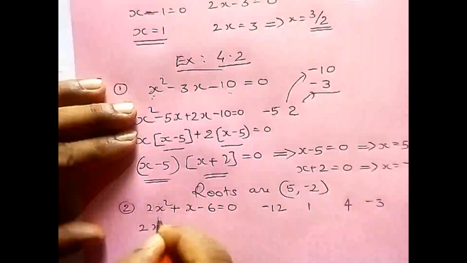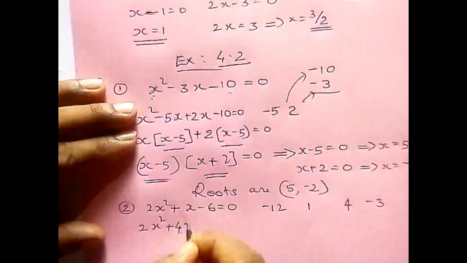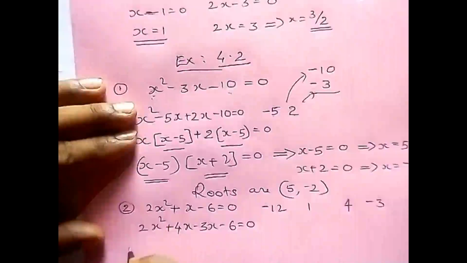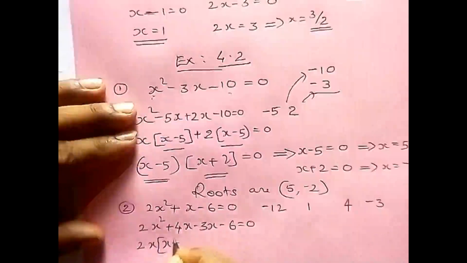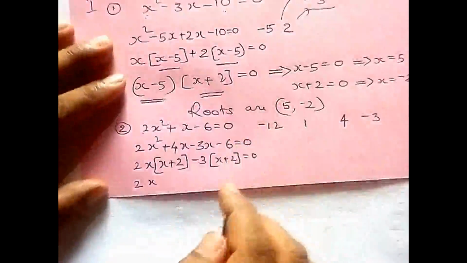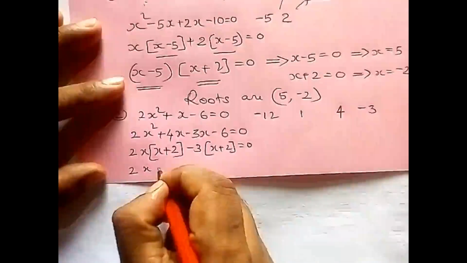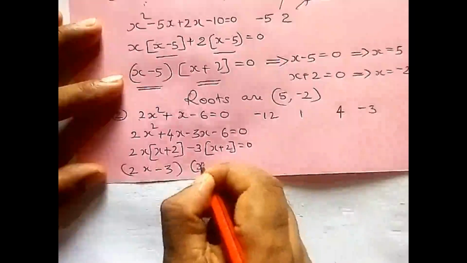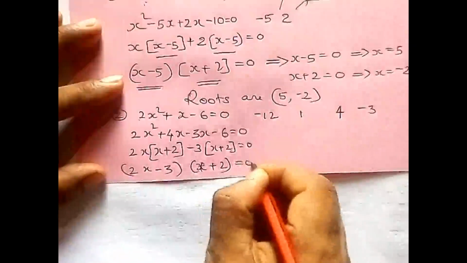Now we will split our middle term, plus 4x minus 3x minus 6 equal to 0. So from this I can take 2x outside, 2x into x plus 2 minus 3 into x plus 2 equal to 0, or 2x minus 3 into x plus 2 equal to 0.